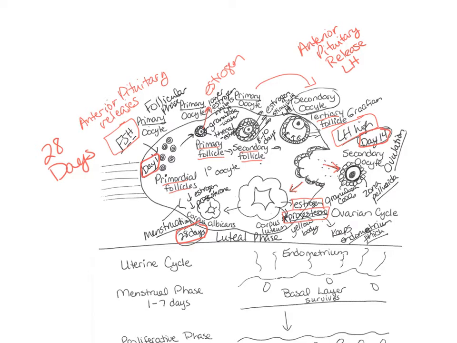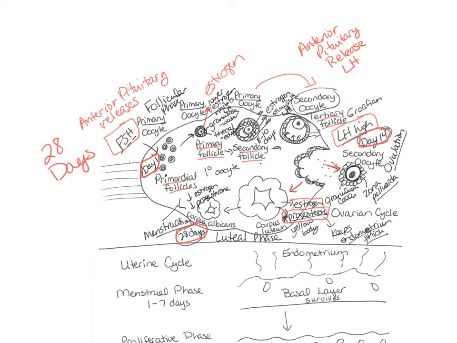But if fertilization does not occur, then the corpus luteum will degenerate into a scar tissue that's called the corpus albicans. When the corpus albicans is formed, then estrogen levels and progesterone levels will plummet because the corpus albicans does not have the ability to secrete those hormones.